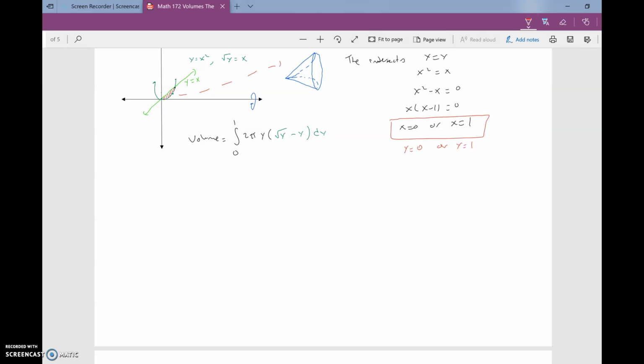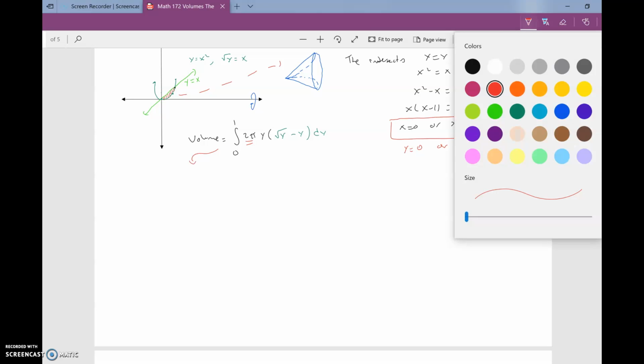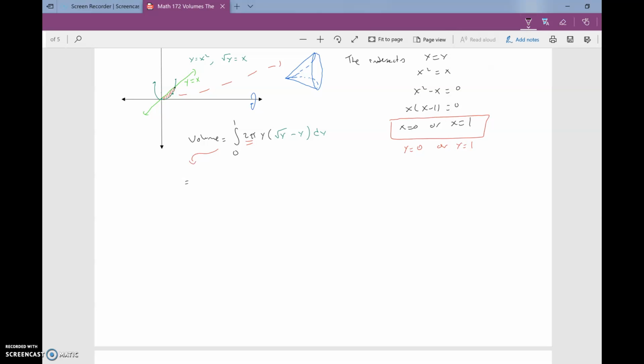So let me extract the 2 pi. So this volume is going to be equivalent to 2 pi from 0 to 1 of y times the square root of y minus y dy, or 2 pi from 0 to 1 of y to the 1/2 plus 1, I'm getting 3 halves, and then minus y squared, technically dy.